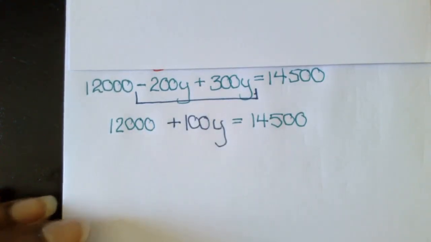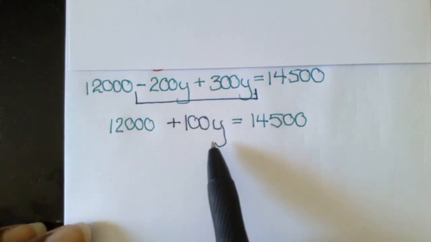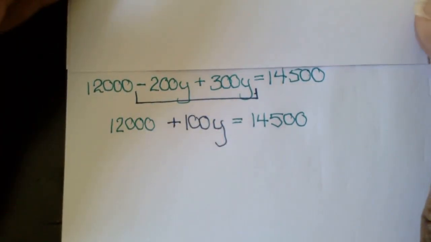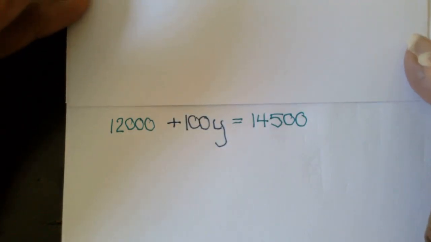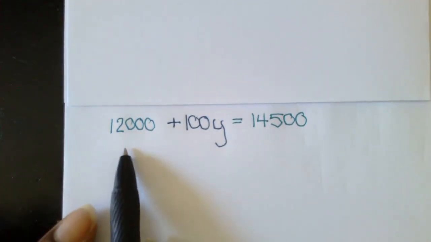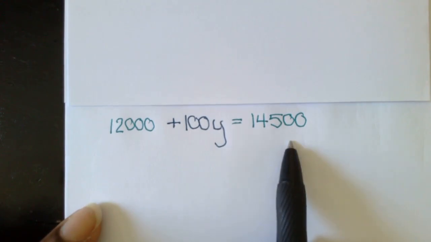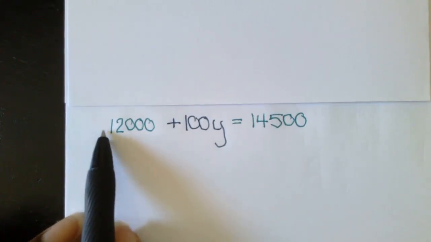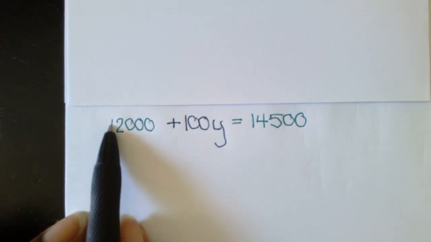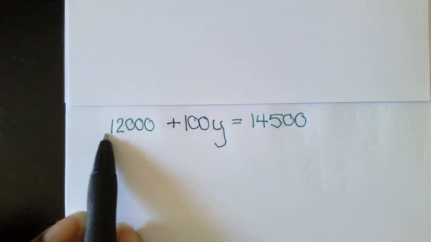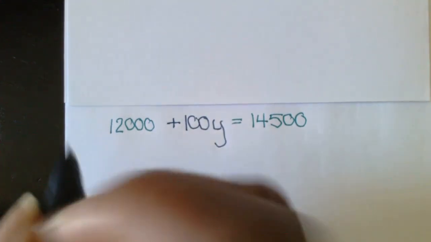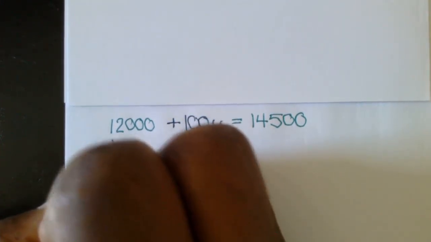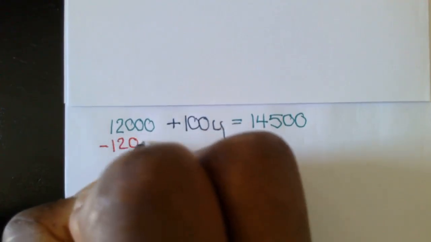So now we're saying, hey, we're going to put all our y's on the left-hand side. That means this 12,000 needs to go to the right-hand side. It is a positive 12,000 because if I go to the left of it, I don't see a minus sign or a negative. So I have to do the inverse, which is subtract the 12,000.